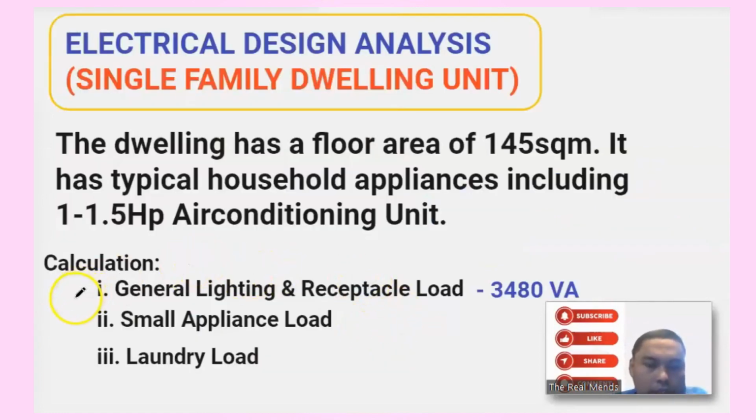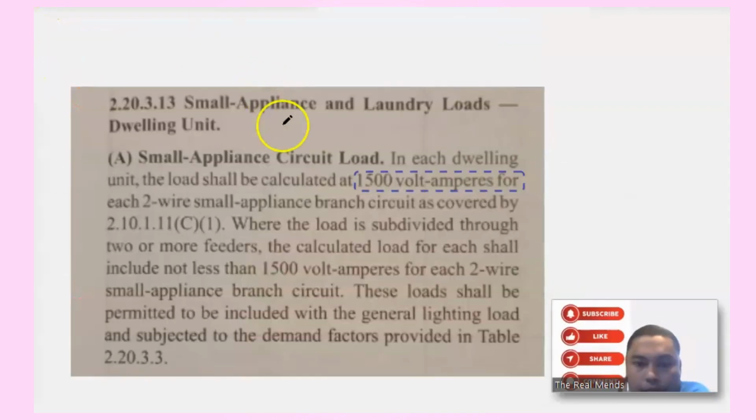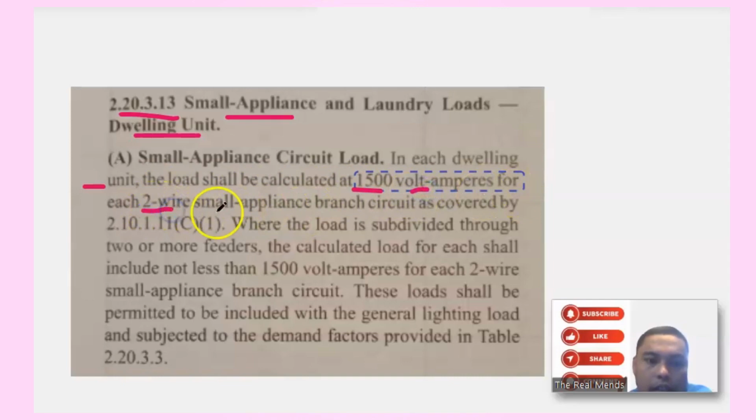Okay, so we're done for this general lighting and receptacle load. So next is this small appliance load. So let's look again doon sa PEC. So from the table 2.20.3.13 for the small appliance and laundry loads for a dwelling unit. So for the small appliance circuit loads, in each dwelling unit, the load shall be calculated at 1,500 volt amperes for each 2-wire small appliance branch circuit.